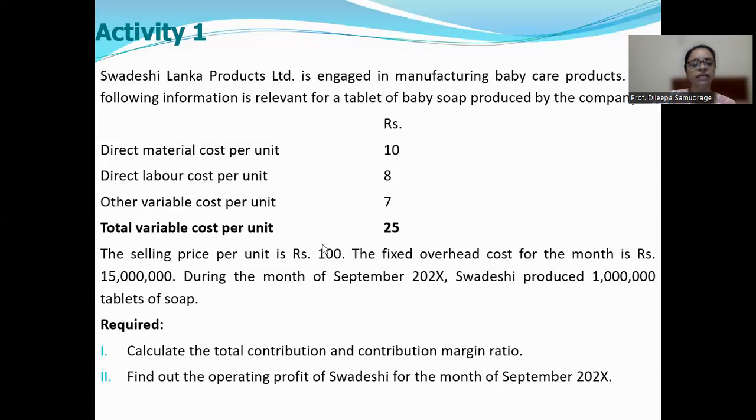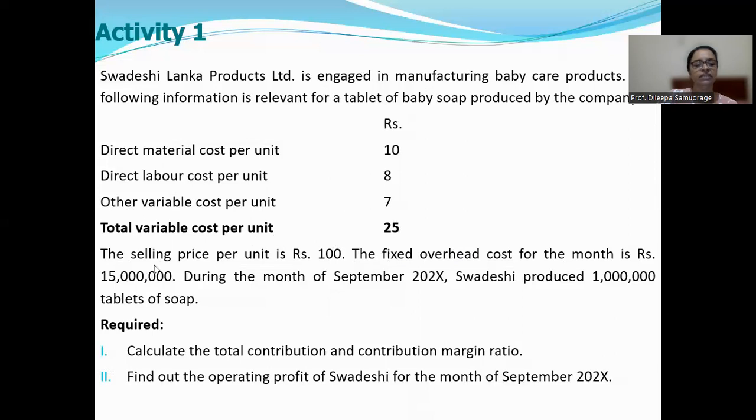So it's easy because to calculate the break-even point, you need contribution per unit. Contribution per unit is the selling price minus the variable cost. So that is 75 per unit, right? That one you have to divide into the fixed cost.